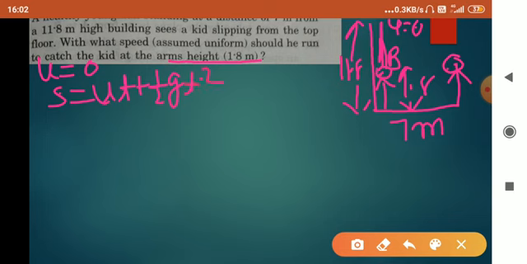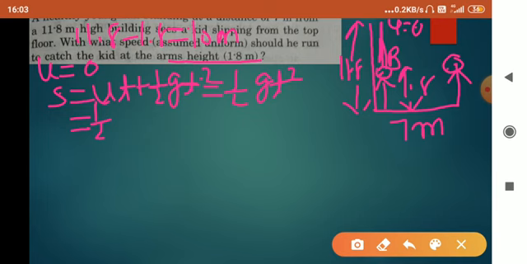So we have u is 0 and we can apply half g t square. We need to find t. S is 11.8 minus 1.8, which equals 10 meter.